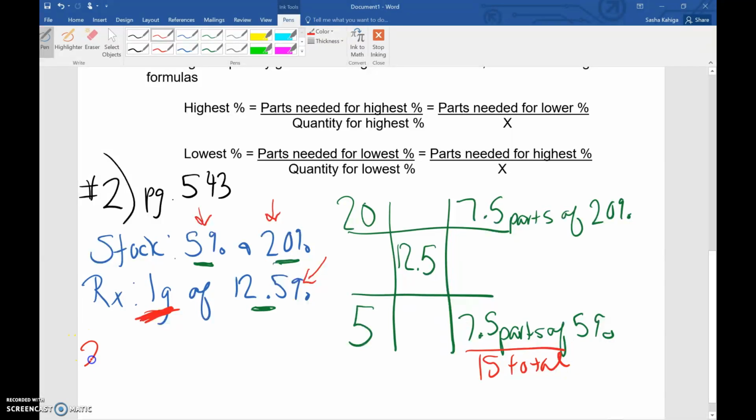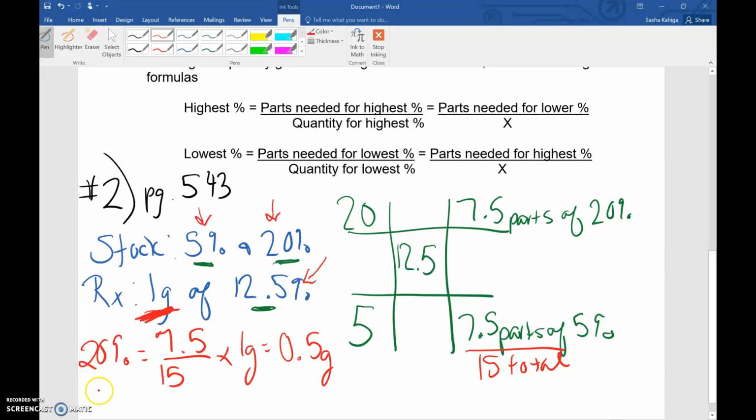So for the 20%, you're going to take the parts needed, which is 7.5 parts, over 15 parts and multiply that by 1 gram. So if I take 7.5 over 15, and multiply that by 1, that gives me 0.5 grams.